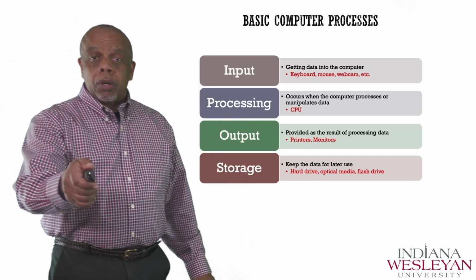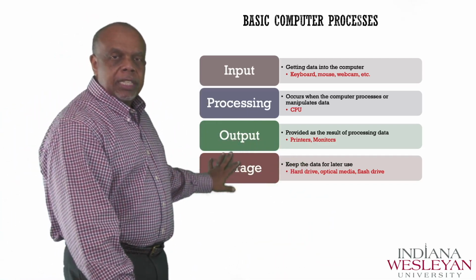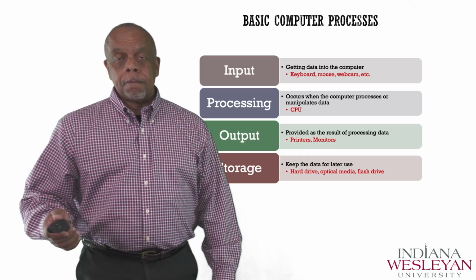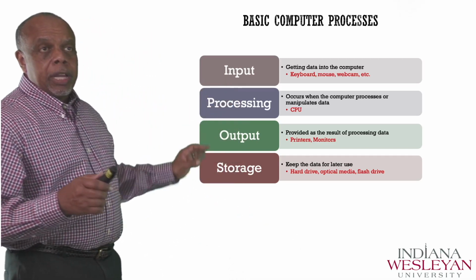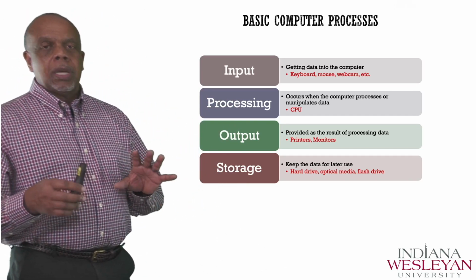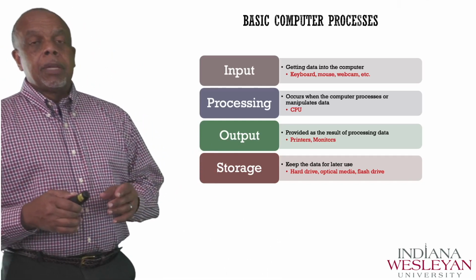The computer inside of your Roku device does this same thing, or the computer that's inside of your smart TV, does the same thing. There's the input, and your input is some type of tactile input, whether it's a keyboard, mouse. It could be a webcam, it could be a remote. All of these things can be considered an input.